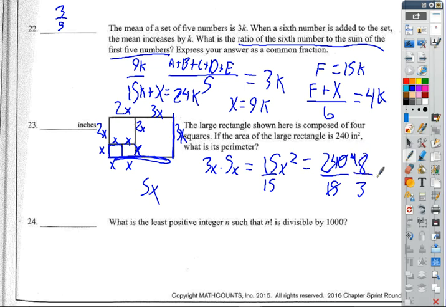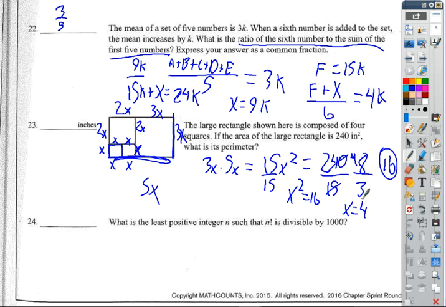I did that right, didn't I? 240 over 15 is 48 thirds. Yes, right. Then you could divide that again, and you would get 16. Okay, sorry that took so long. So you would get x squared equals 16. You square root both sides, and you get x equals 4.